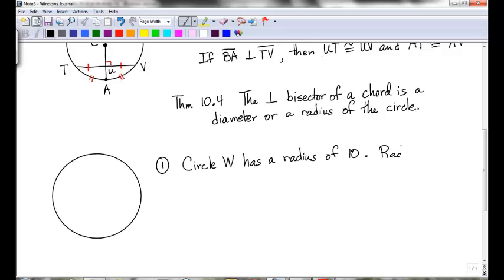Radius WL is perpendicular to chord HK, which is 16.